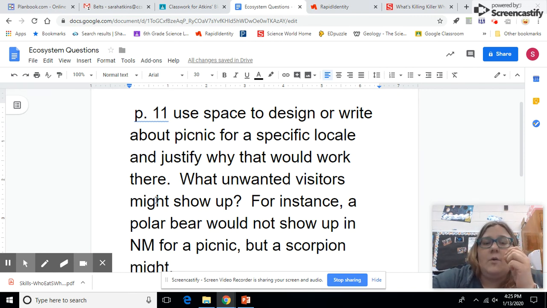And justify what would work there. What unwanted visitors might show up. Meaning, you're not going to have a polar bear coming to a picnic in New Mexico. Not going to happen. But a scorpion might come there because that makes sense for it to be there. So in your location, pick something. You're on a computer, hopefully right now. Pick something. Do a little research. Write me the article.